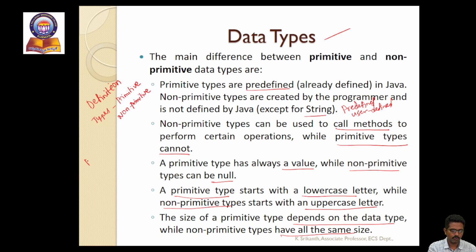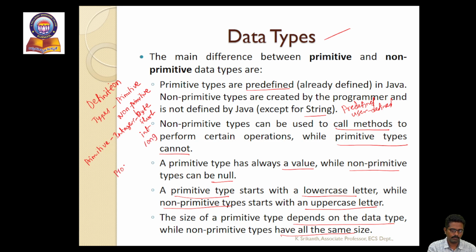First we focused on primitive data types, which are of 8 types. The integers are of 4 types, that is byte, short, int, and long.